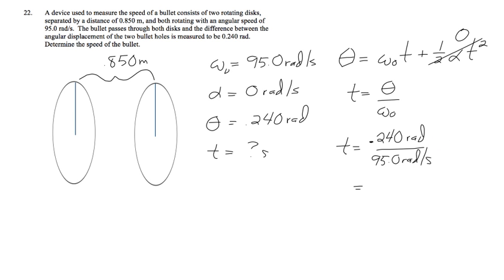So what is 0.240 divided by 95? 0.003. I need more, that's only one significant digit. So it's 0.00253.